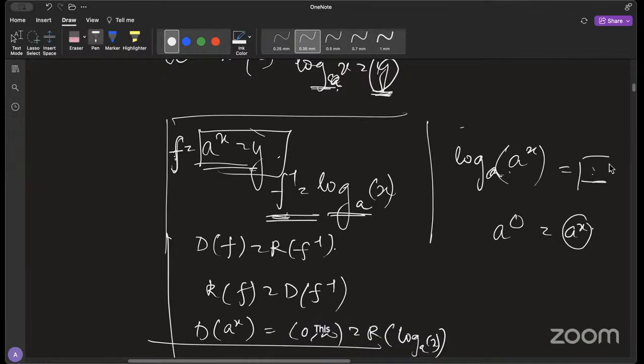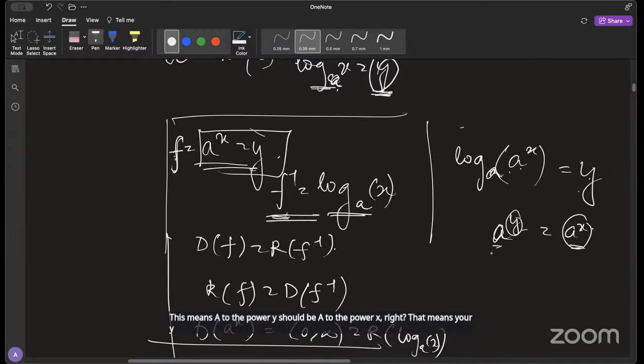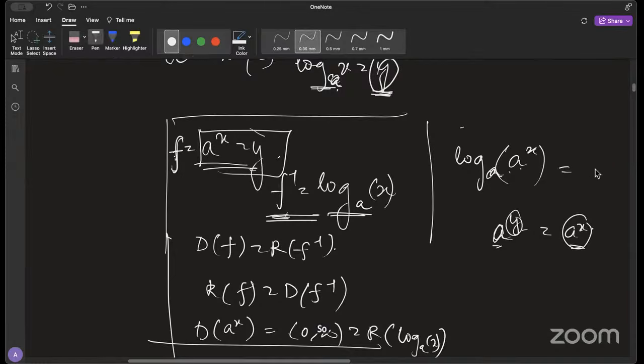Let me say this thing is y. Then what power should I raise a to? This means a to the power y should be a to the power x, right? That means your y should be equal to x. So you'll have x here.